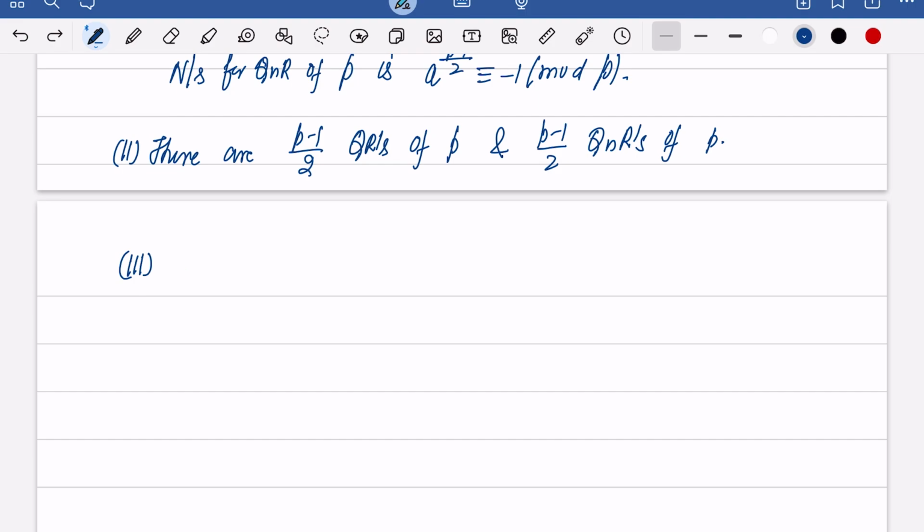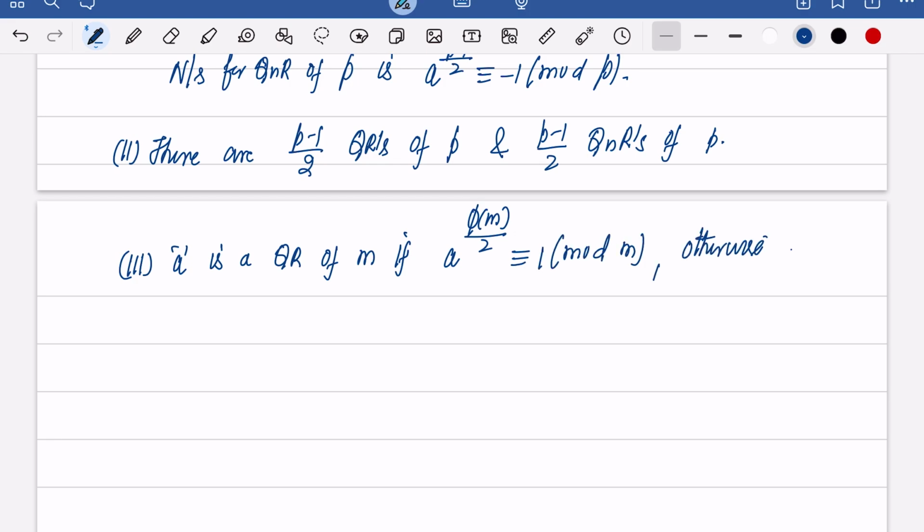Now another result that we want to mention here is that a is a quadratic residue of m if a to the power phi(m)/2 is congruent to 1 modulo m. Otherwise, a is a quadratic non-residue. So this is a very nice theorem here.